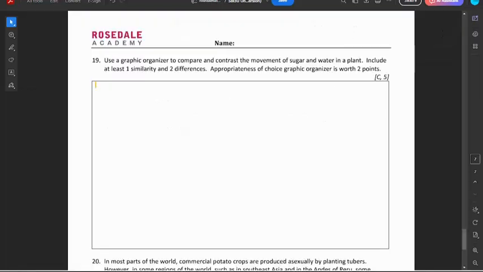So we're going to talk about, let's say, directional. Phloem is bidirectional. It travels both up and down, from the leaf to the roots and back, while xylem is only one way, from the roots to the leaves. So the water goes through and gets out.